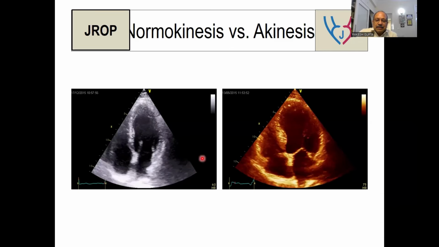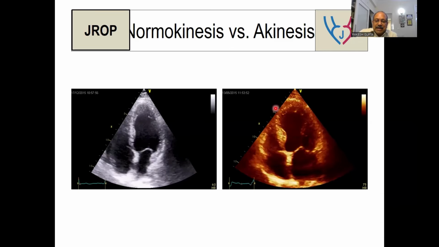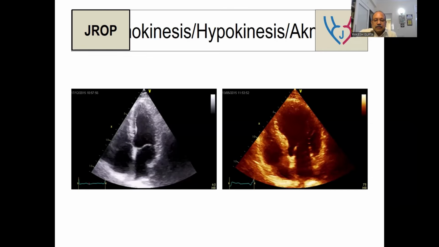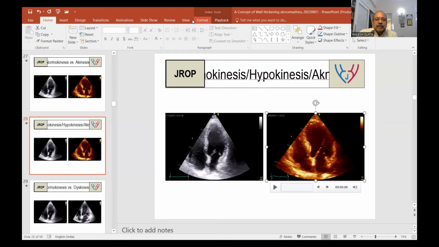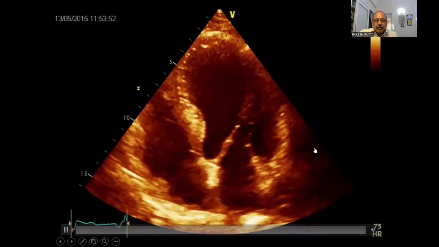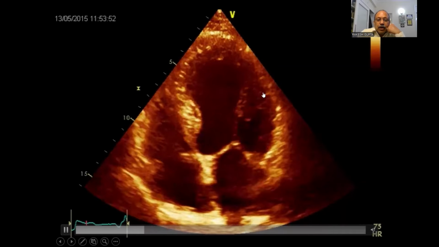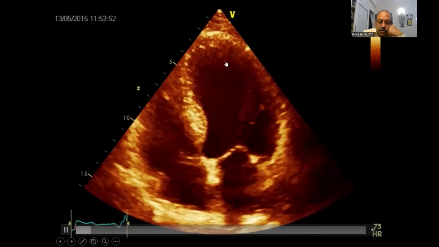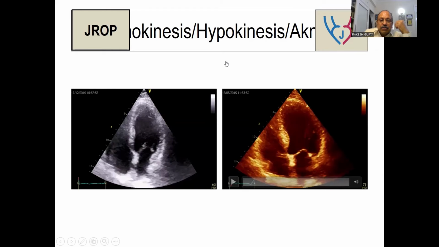Another example, look at this apex. Let me just zoom it for you. Now, this segment is partially contracting.